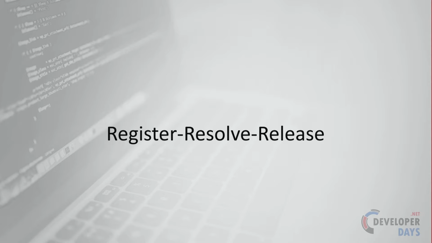In the application of dependency injection, it's really important to understand the principles called RRR, or register, resolve, release. The idea here is that there is a place where all the abstractions are registered against their implementations.